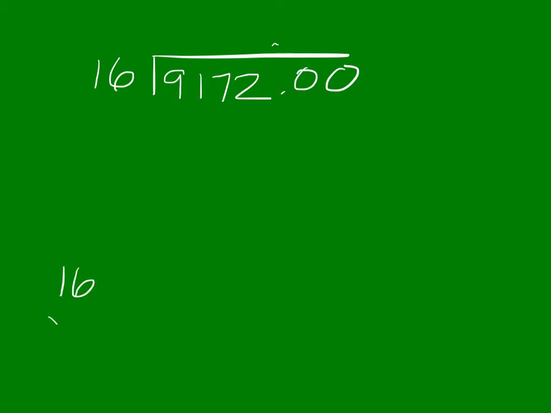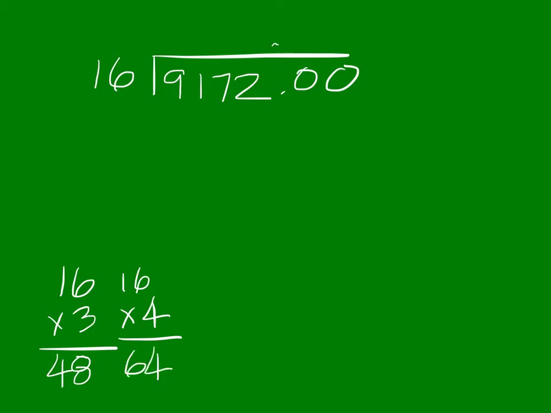So try 16 times 3. What would 16 times 3 be? 48. Now, is 48 going to be high enough? Can I still get another 16 out of there? So we could try 16 times 4 and get what? 64.